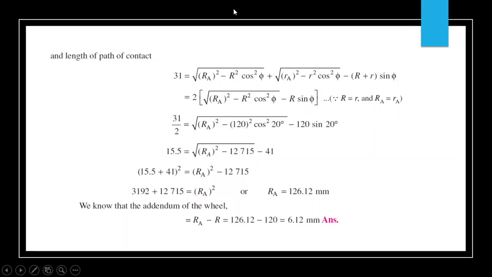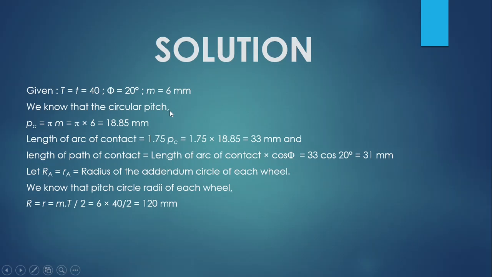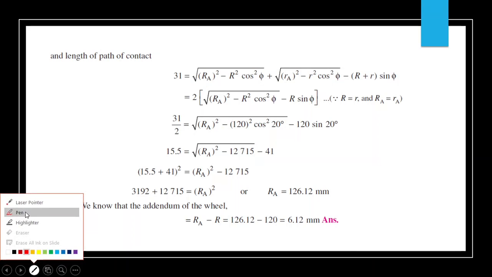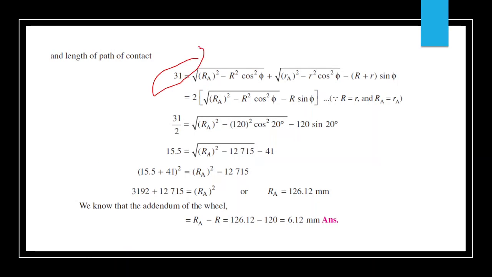Here we already calculated the length of path of contact as 31 mm. Then we can substitute that value, 31 mm, here. This value must be equal to 31.